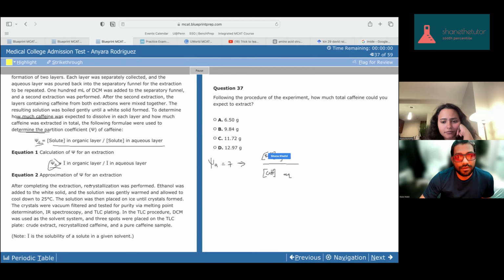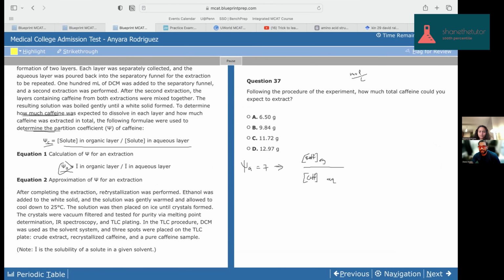Now we have concentration values, which are like moles per liter, right? So to get the liters out, we would have to multiply by some value for liters, like if it's 100 mLs, you can use that.